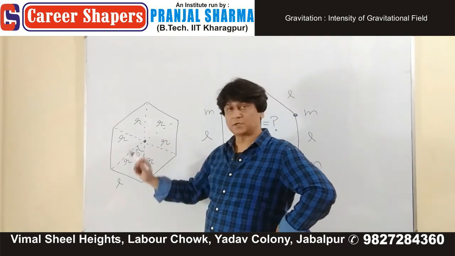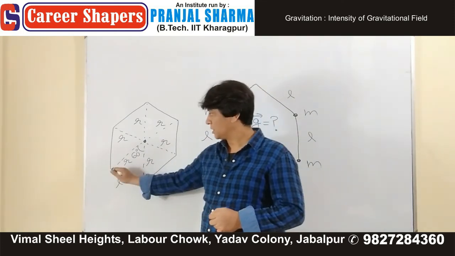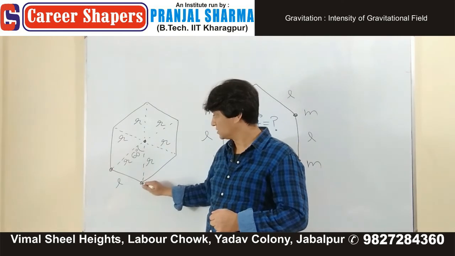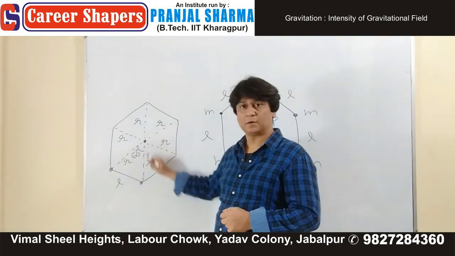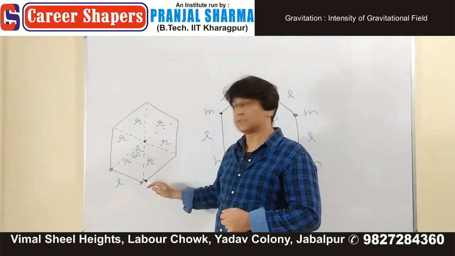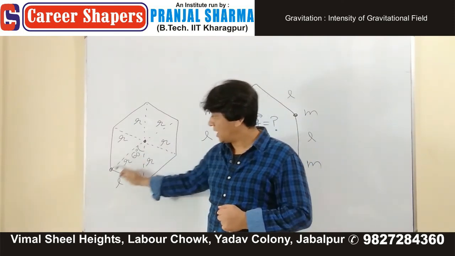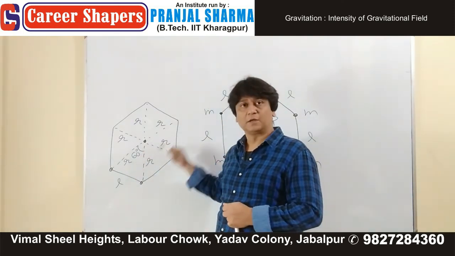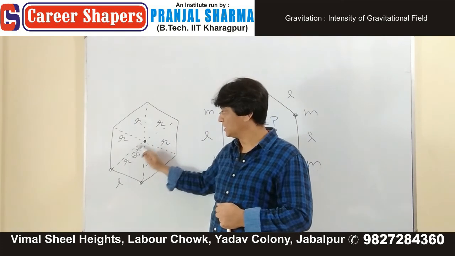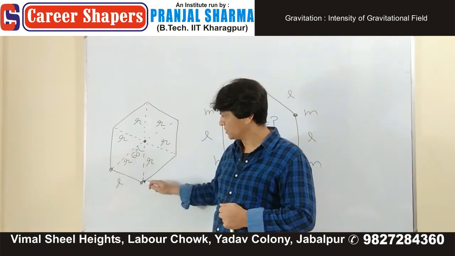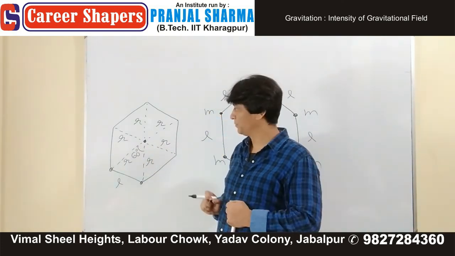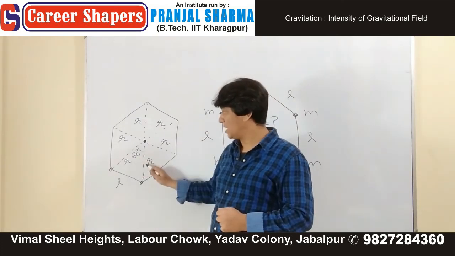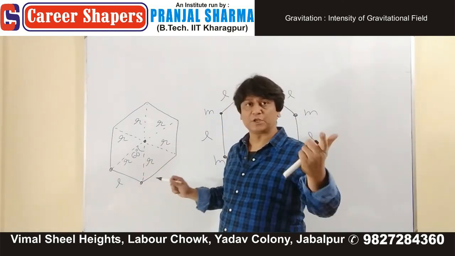It's a regular hexagon and therefore, look at this triangle first. This triangle is an isosceles triangle. R and R. It's a regular one and therefore distance from this corner or distance from this corner, they both are what? Same. That gives us two arms of same length, an isosceles triangle.